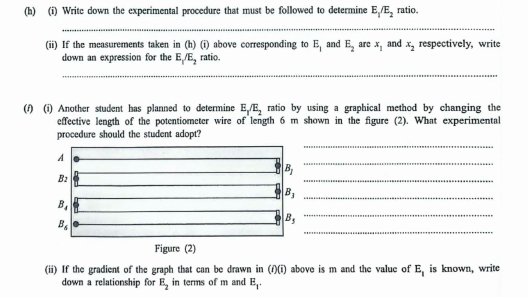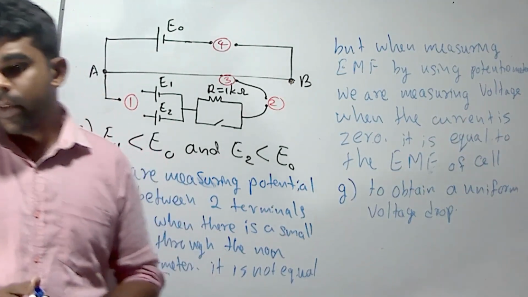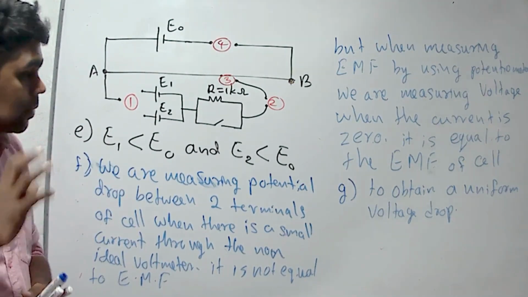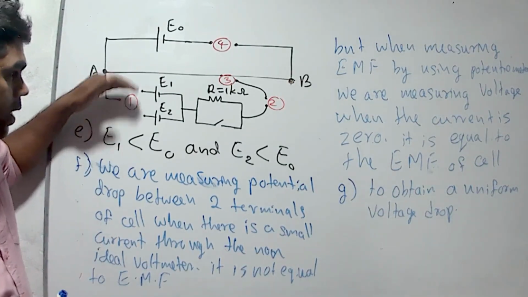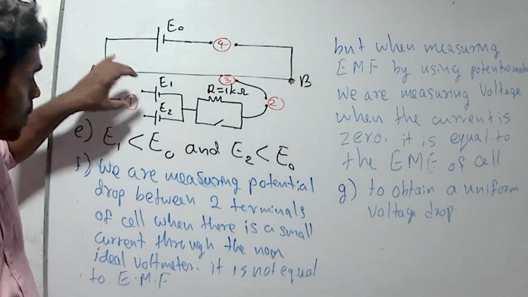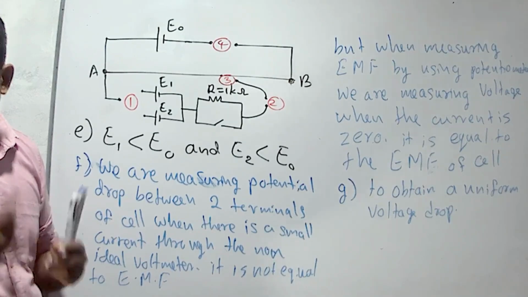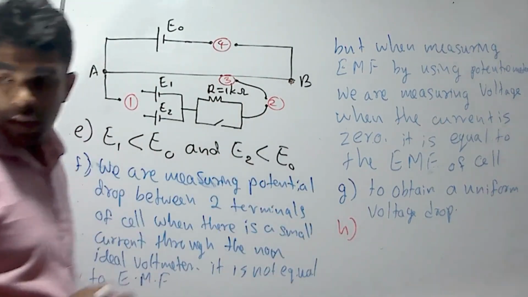In part H, write down the experimental procedure that must be followed to determine the E1 over E2 ratio. When finding the E1 over E2 ratio, we have to connect the E1 cell and get the balance length. Then we can connect the E2 cell by using the two-way switch connected to space 1, and get the balance length again. Then we write the answer for part H. 1.